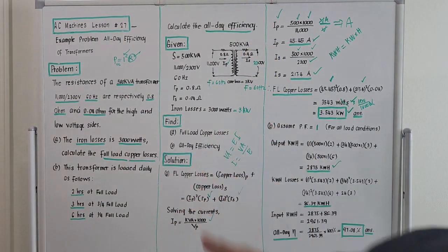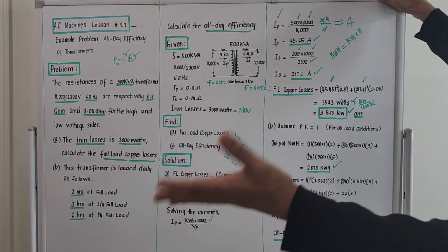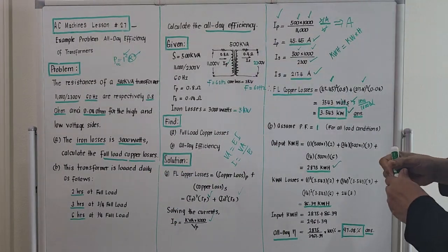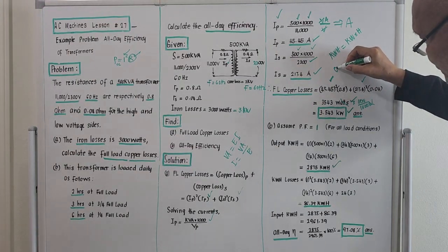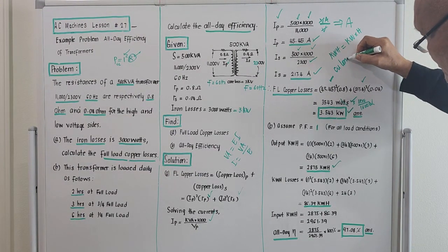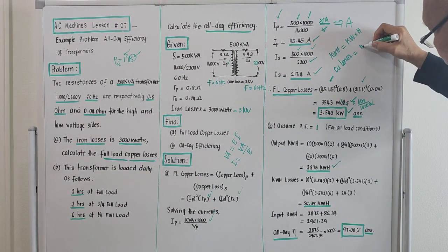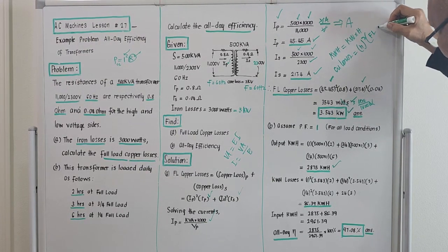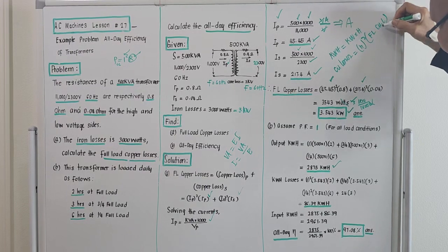Okay, let's try to compute for the kilowatt hour losses. Kilowatt hour losses are the losses due to the copper losses. The last time around, I gave you that copper loss is equal to n squared times the full load copper loss, right?